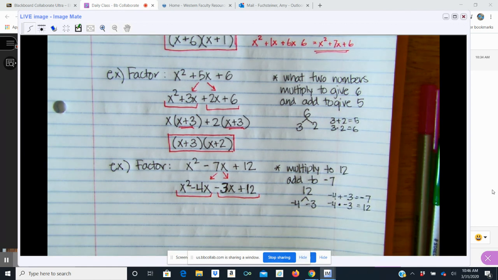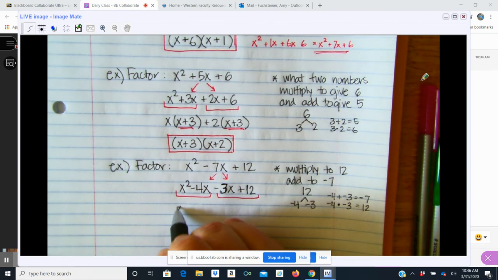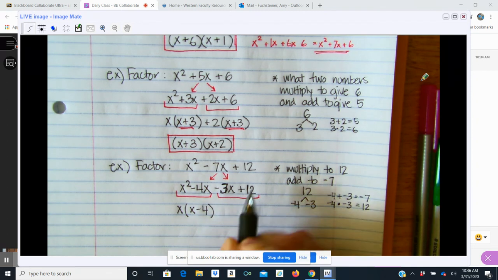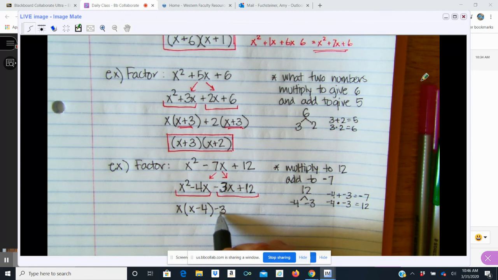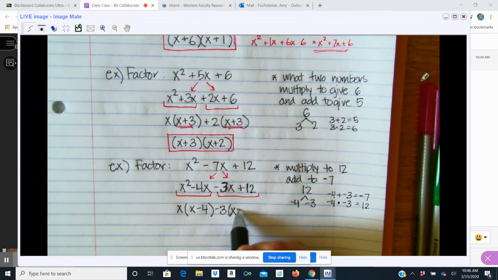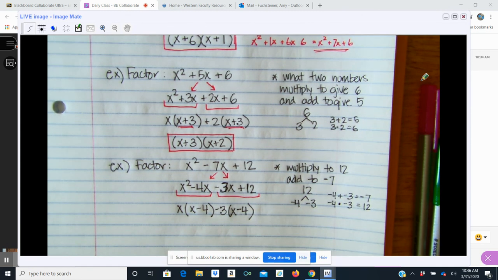We'll use factoring by grouping as we did from yesterday. We can take an x out, x minus 4. From my second two, I can take out a minus 3, x minus 4.